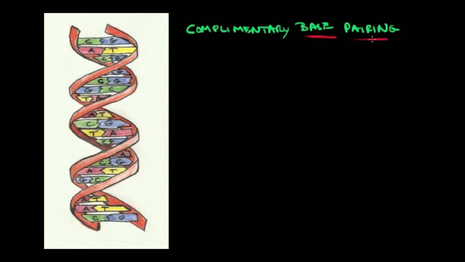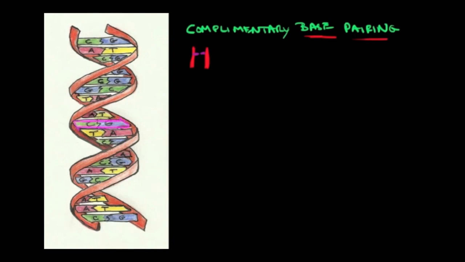Base pairing. As I explained in that ladder shape that we saw previously, the bases meet in the middle. So you have one base on each side of the ladder, on the two strands. You have one base here and another one here, like you see here. I'm going to keep the magenta so you can see, okay?